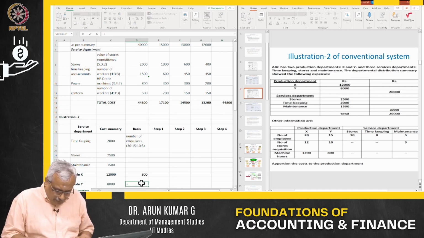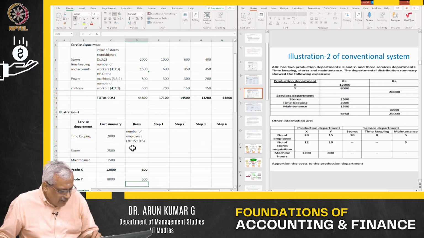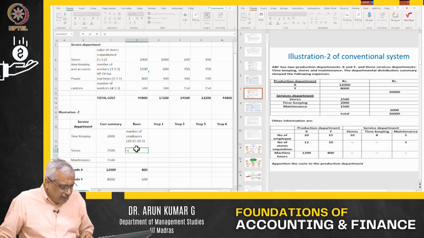Now, I will talk about production department Y, the same $2,000 that is to be allocated, and this is 15 divided by 50, and this is 600. And let us look at the stores next. It is the same 2000 into 10 divided by 50.